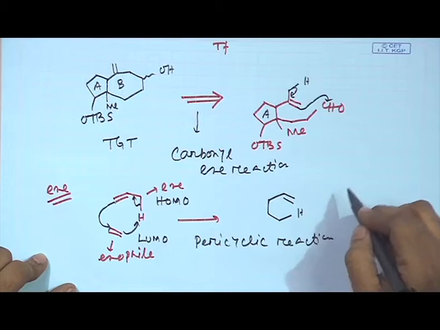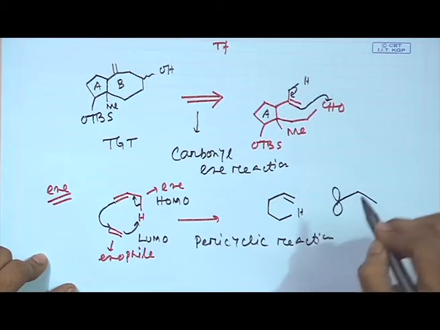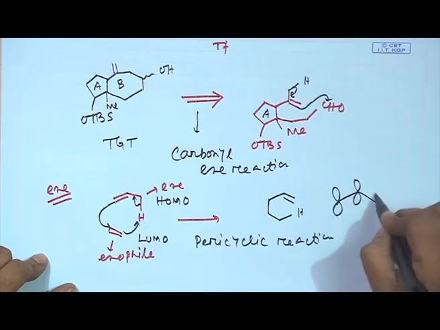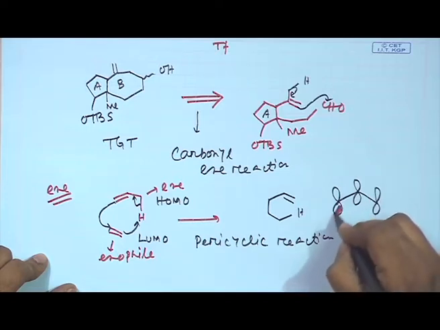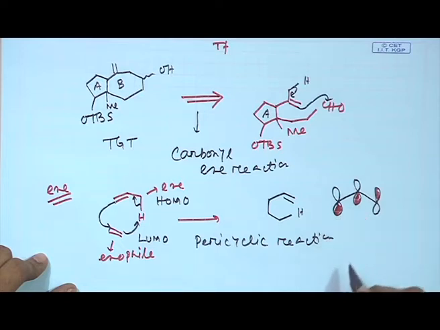So, this HOMO-LUMO drawing we can now simplify. If you are familiar with this HOMO-LUMO concept, you can draw the HOMO of this particular ene, and then this enophile, we draw its LUMO.